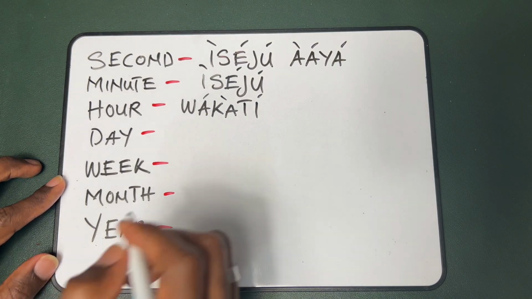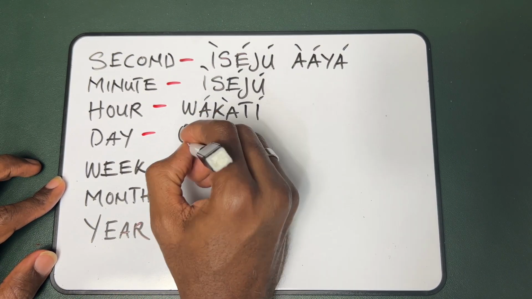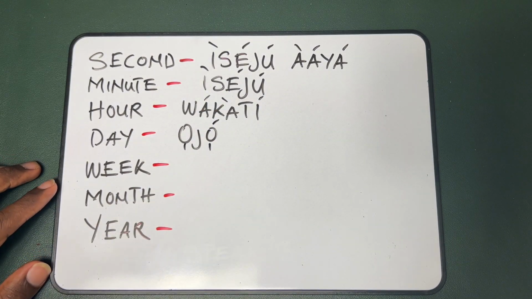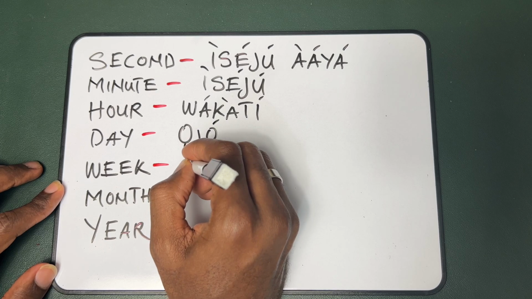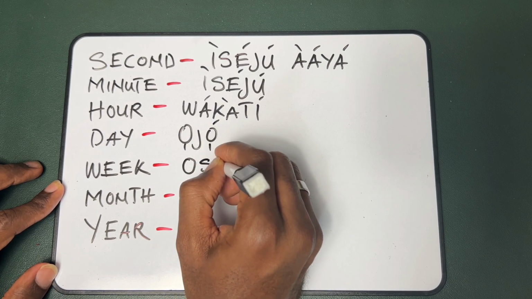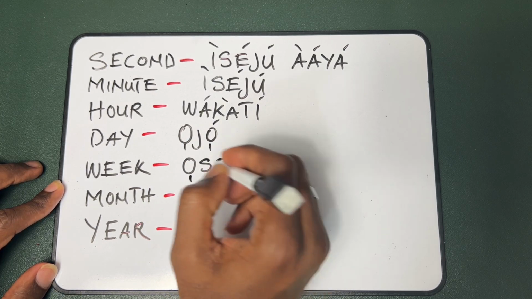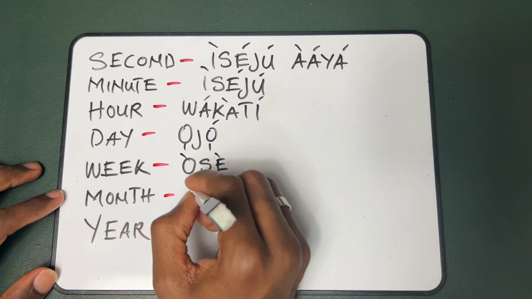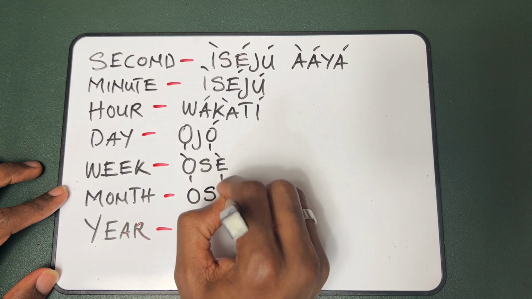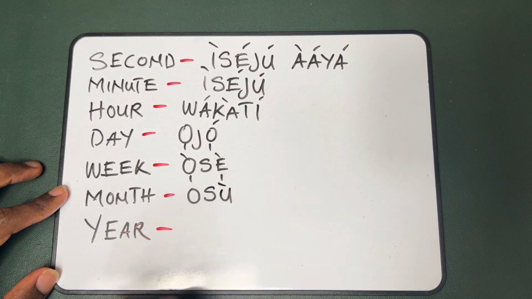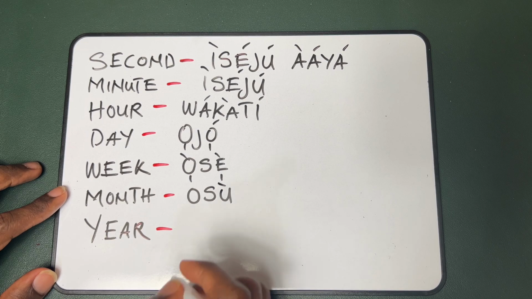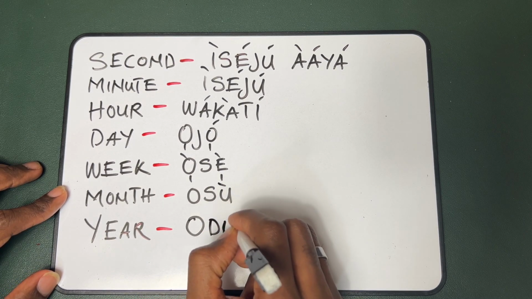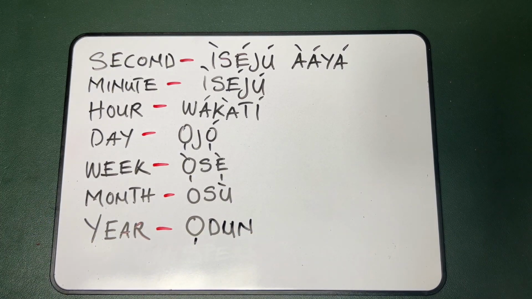For day, you have ọjọ́. For week, you have ọ̀sẹ̀. For month, you have oṣù. Year, you have ọdún.